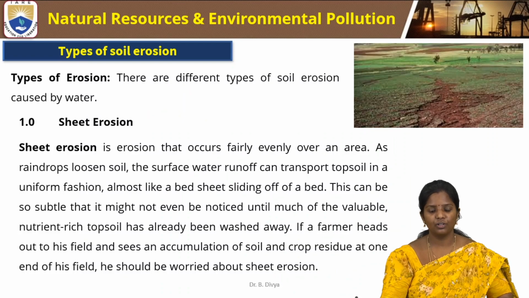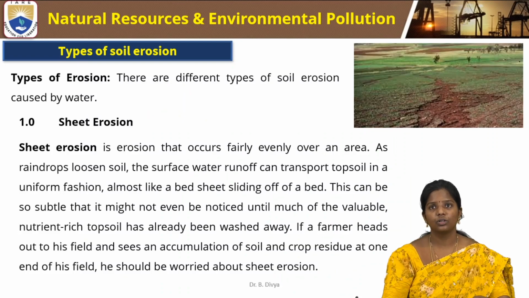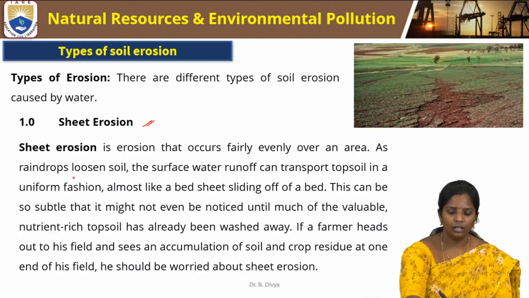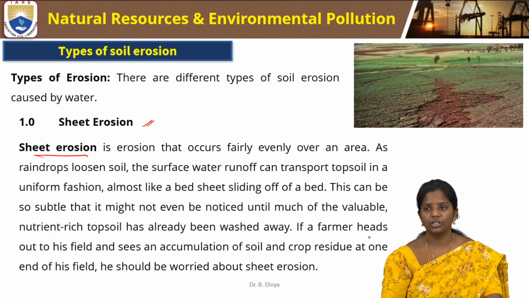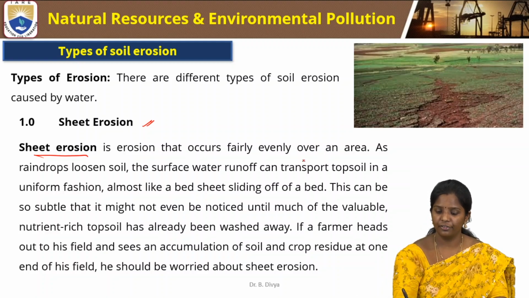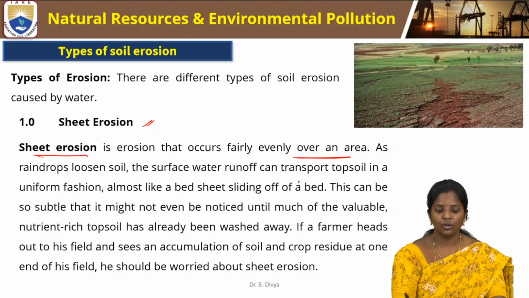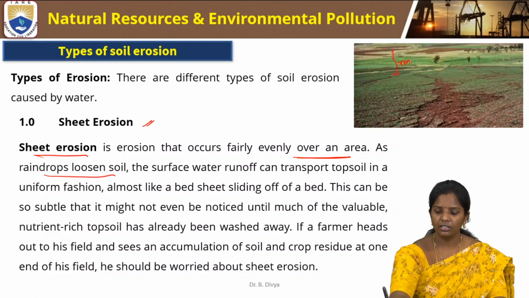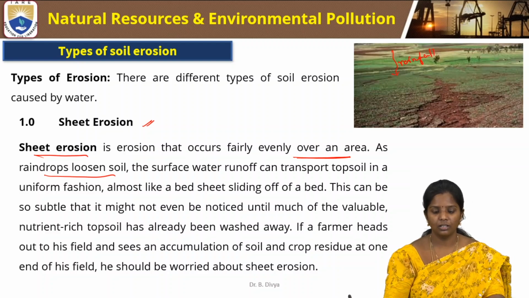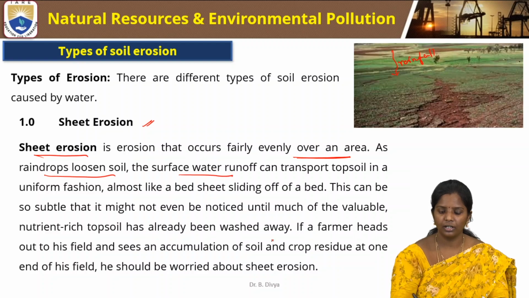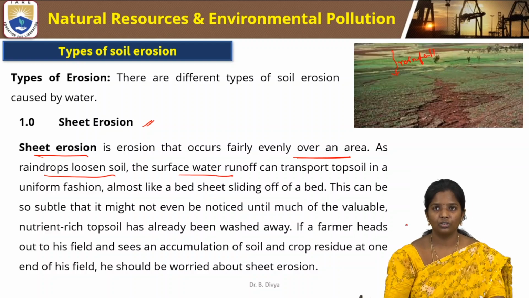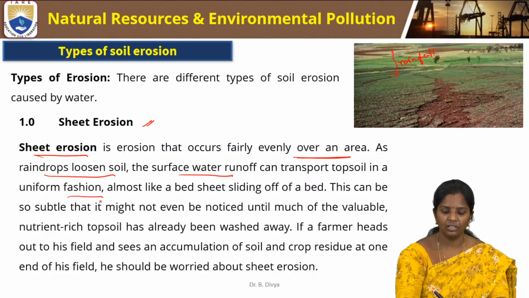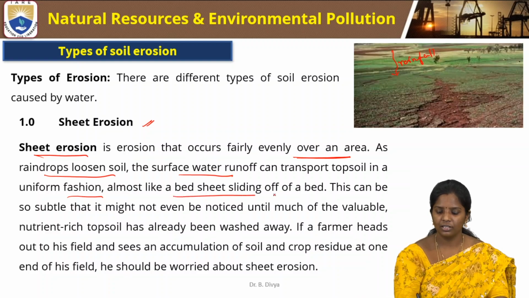There are different types of erosion. They are like sheet erosion caused by water. Sheet erosion is the erosion that occurs fairly evenly over a surface area. When it is raining, raindrops loosen the soil particles, and the surface water runs off and can transport the topsoil in a uniform fashion, almost like a bed sheet sliding off a bed.